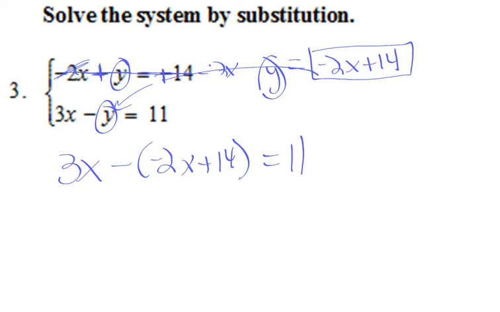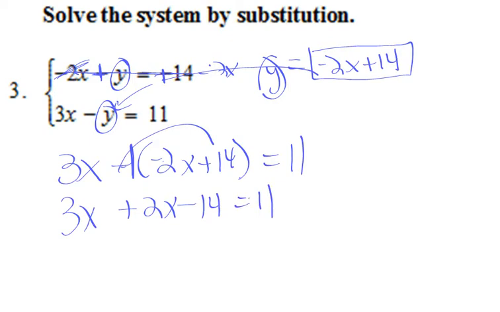So now we're going to distribute. That's like a negative 1 there. So we're going to have 3x. Negative 1 times negative 2x is a positive 2x. And negative 1 times 14 is negative 14 equals 11.